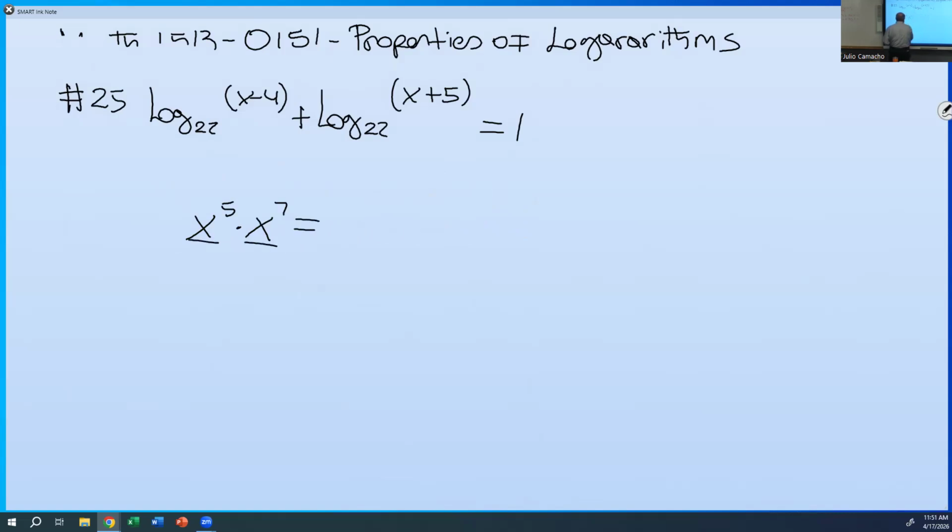We put the same base and add the exponents, and you have x to the 12. Then you solve for the number if you have a value for x.